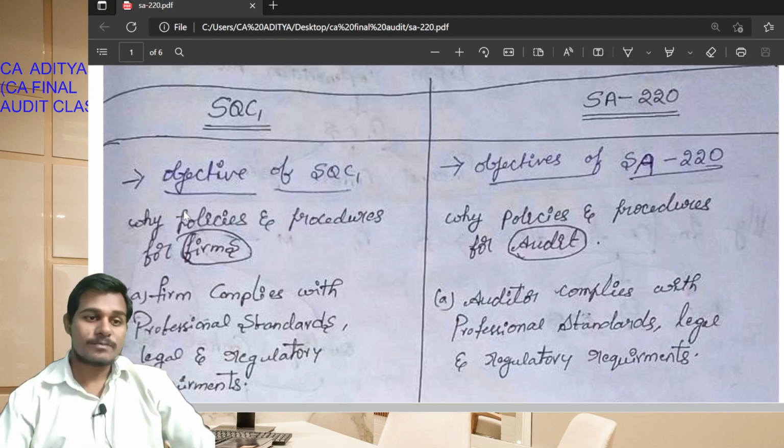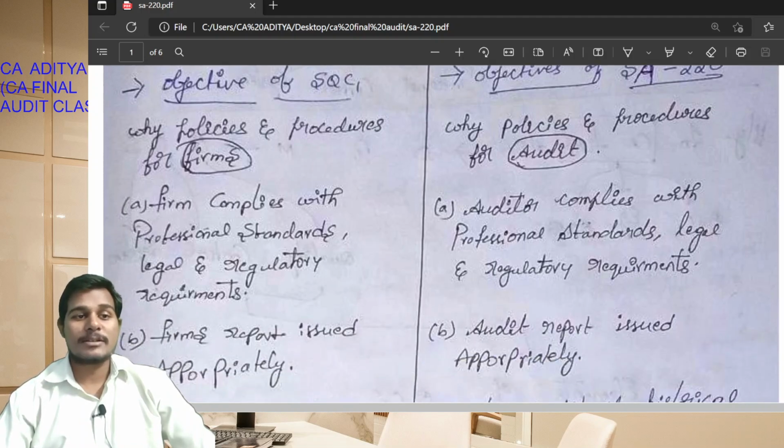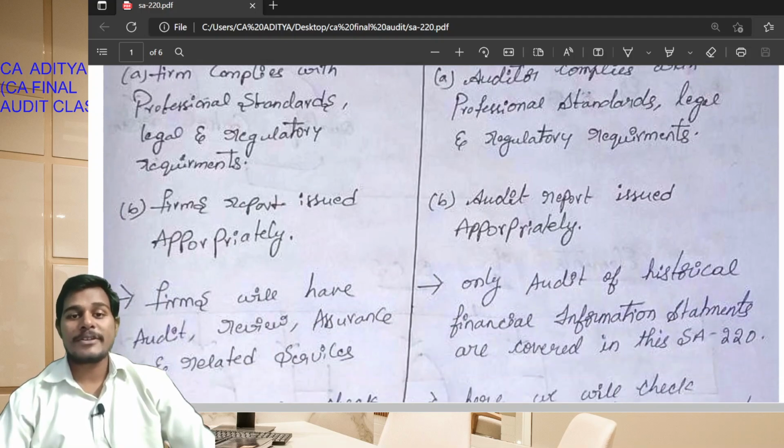Objective of SQC 1: the firm complies with professional standards, legal and regulatory requirements, and reports are issued appropriately. Objective of SA 220: the auditor complies with professional standards, legal and regulatory requirements, and the audit report is issued appropriately. That is why the procedures are implemented.